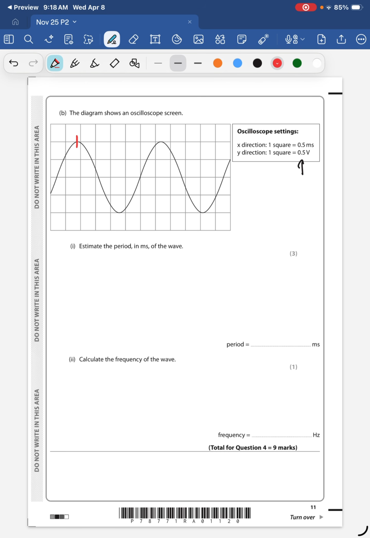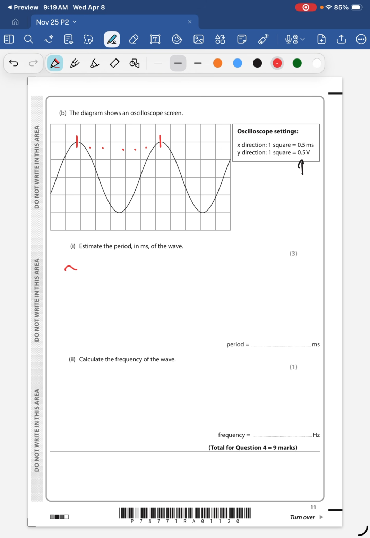So to find the period, we have to find how many squares there are between two peaks or between two valleys. Okay, so it's the same thing. So I tried to do it with the peaks. You can see that there is 1, 2, 3, 4, 5, and then maybe you can add another half.